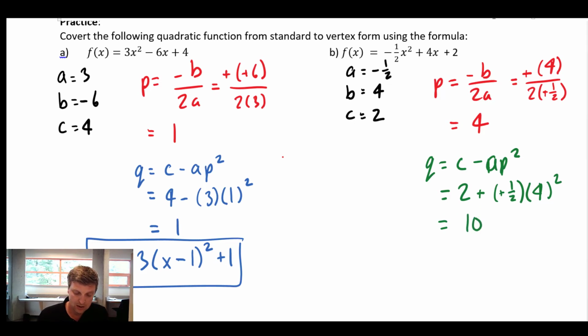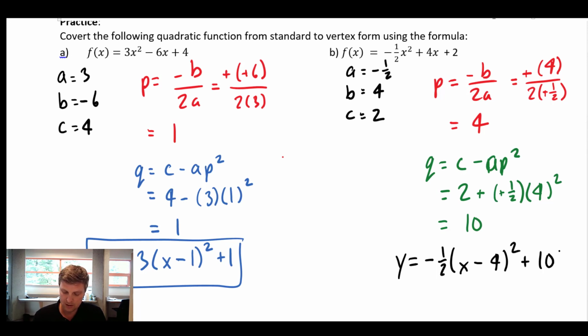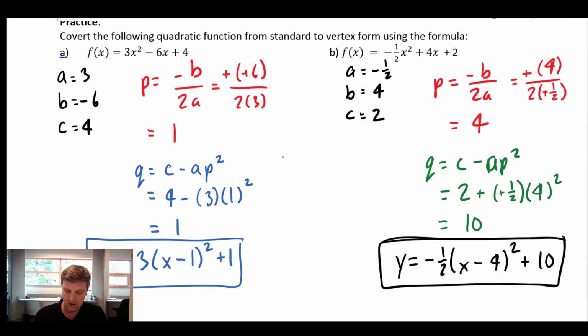And so putting it all together into my equation, I've got y is equal to A, which is negative 1/2, times x minus P, which is 4, so x minus 4 squared plus Q, which is 10, plus 10. And there we go. All right, so that's it for quadratics and standard notation.